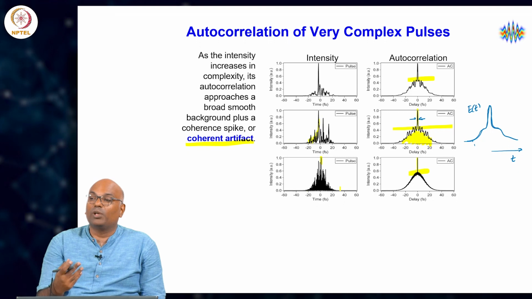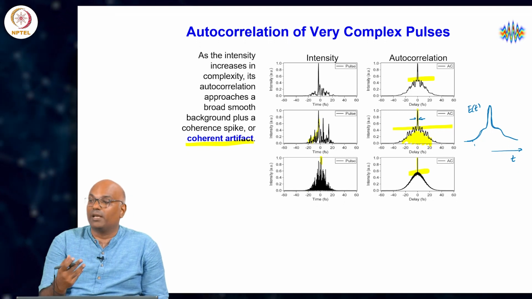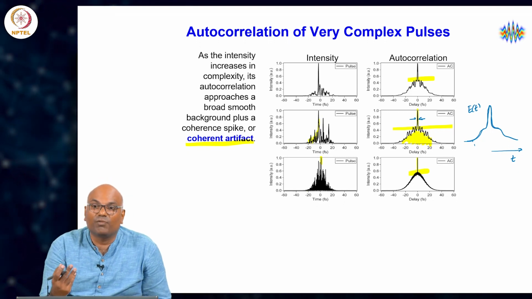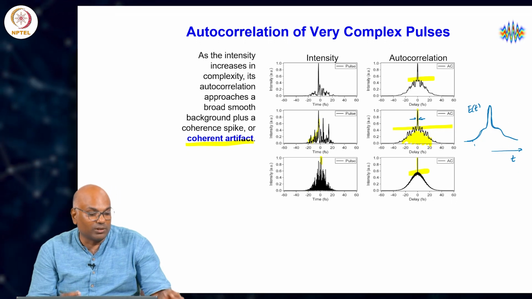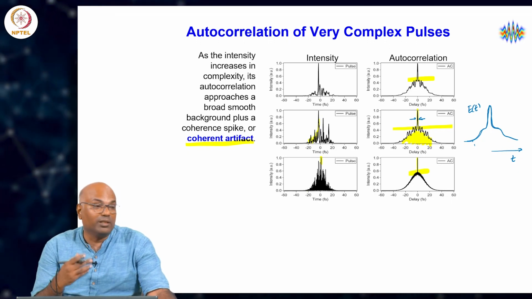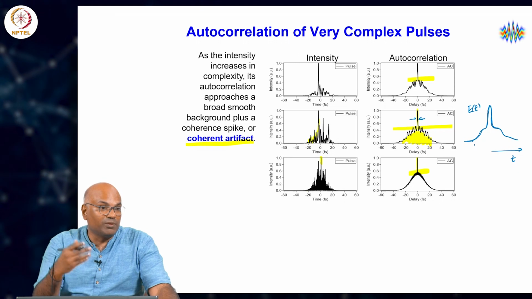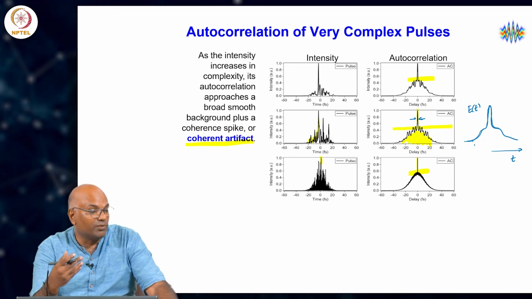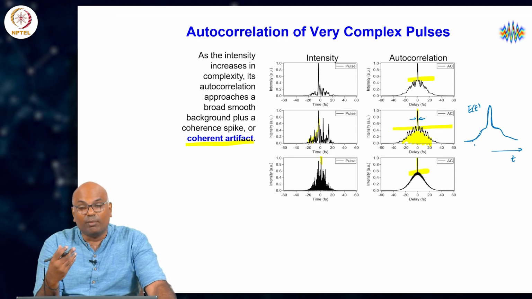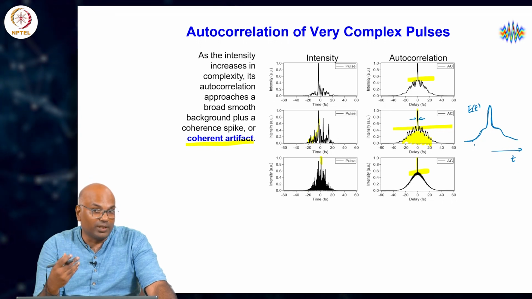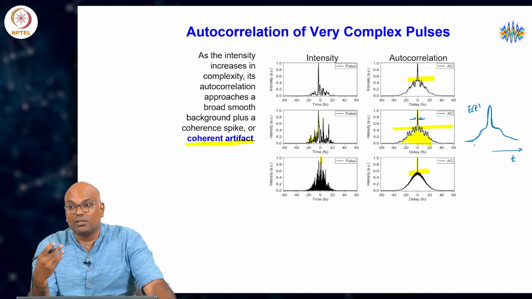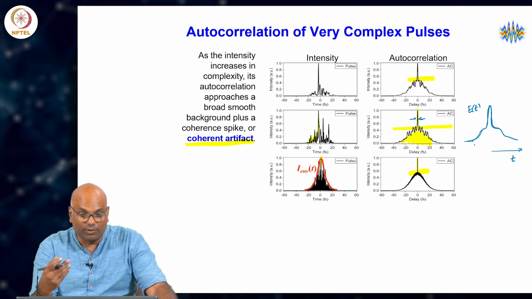You can do autocorrelation measurements with them and be misled that the pulse is fairly neat in its temporal structure. That is not the case in fact, and pulse to pulse variations in the profile of these free electron laser pulses is a matter of concern and something that practitioners and researchers are having to live with as we speak today, right.